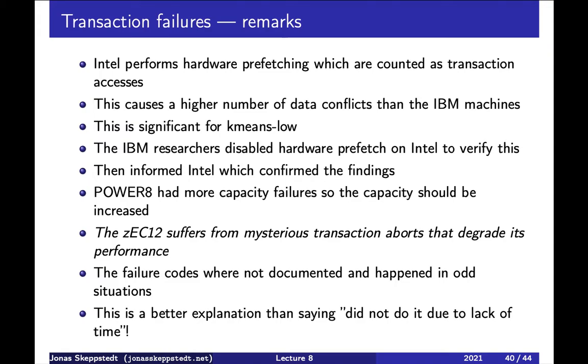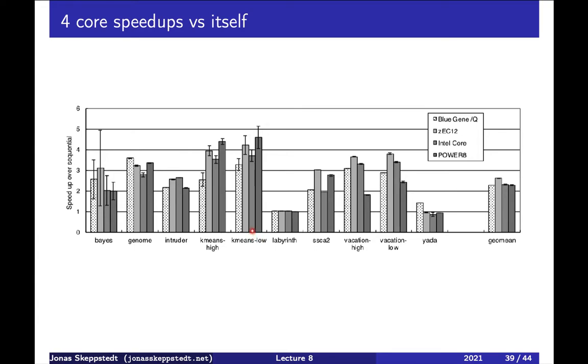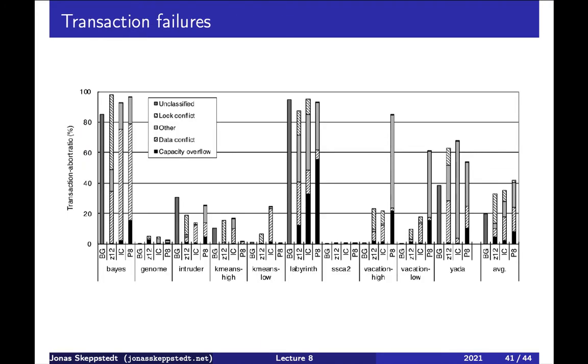Okay, and for one of the applications, this one, we can see that the Intel machine here had lower speed up to some degree on this benchmark, but we can also see it in more particular that there were more failures, although there were not so many, so they didn't impact the execution time and therefore the speed up on the previous slide.